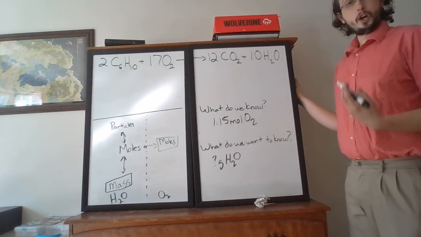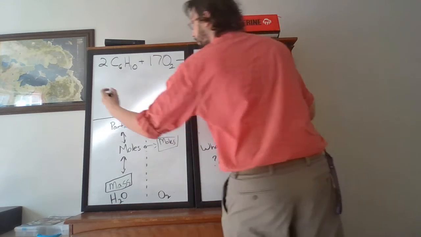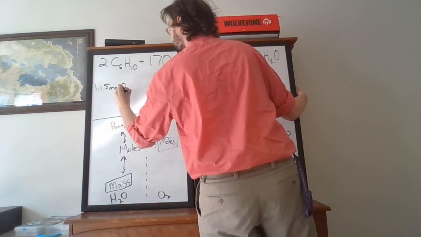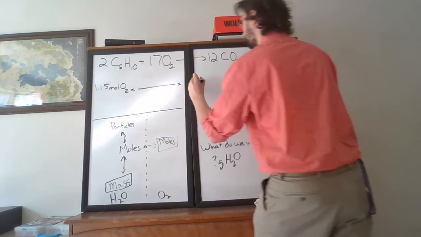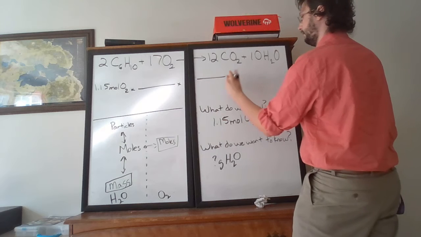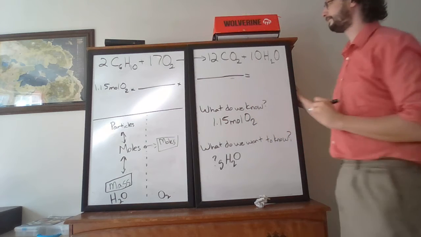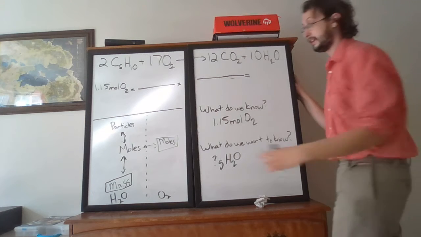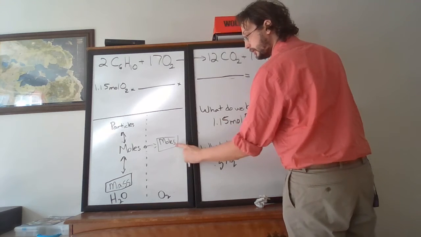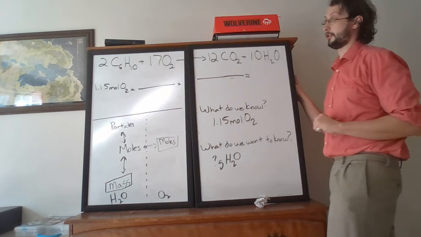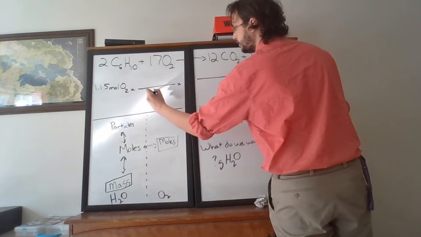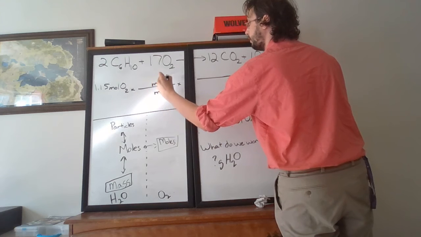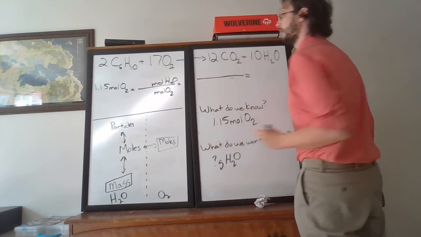We'll start with putting what we know as the start to this problem. We've got 1.15 moles of O2 times a conversion factor times a conversion factor. The first conversion factor, the first arrow, takes us from moles of oxygen to moles of water. So we're going to put moles of oxygen on the bottom so that the units cancel out, and moles of water on top, because that's what we're looking for with this first arrow.